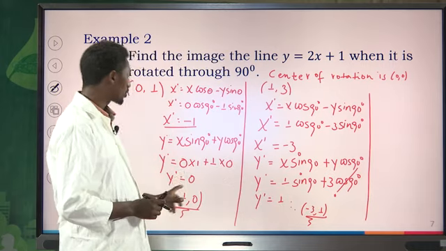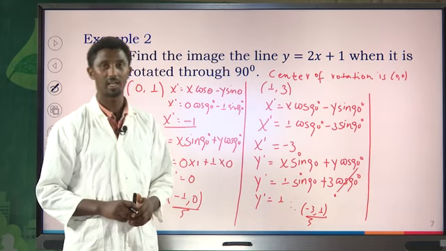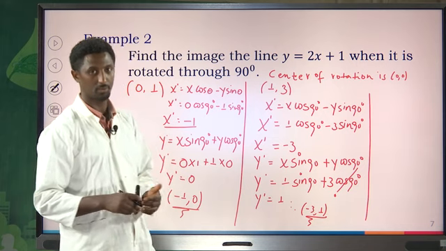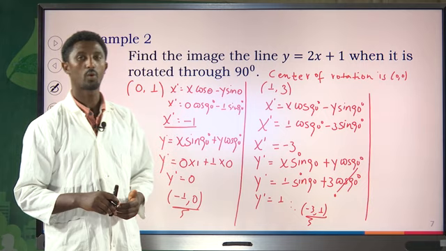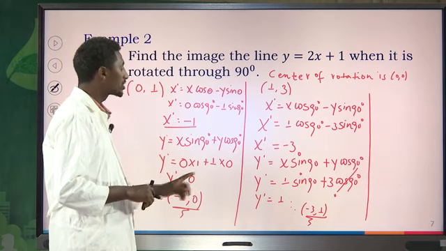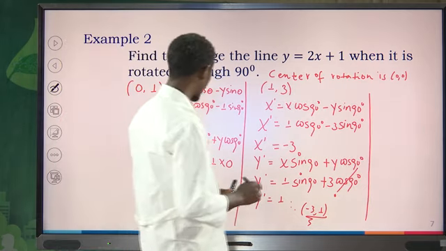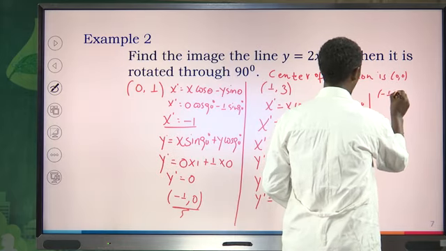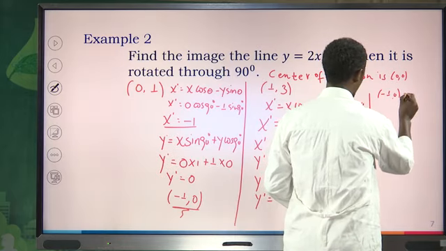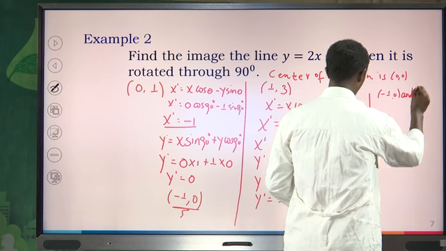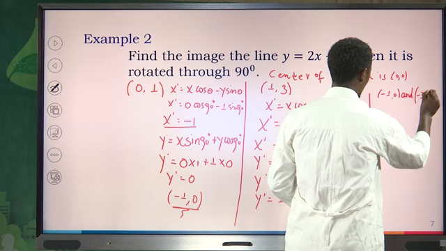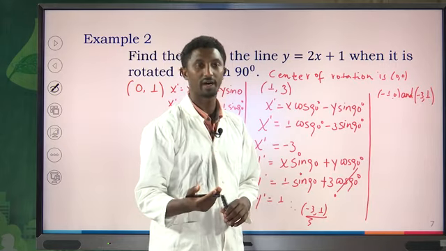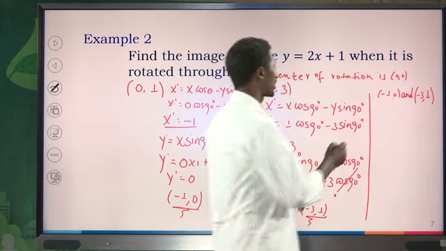Using these 2 points, we can find the equation of a line. We can find the equation of a line in different forms. The one is the equation of a line when 2 points are given. So using these 2 points, (minus 1, 0) and (minus 3, 1), we can find the slope first.